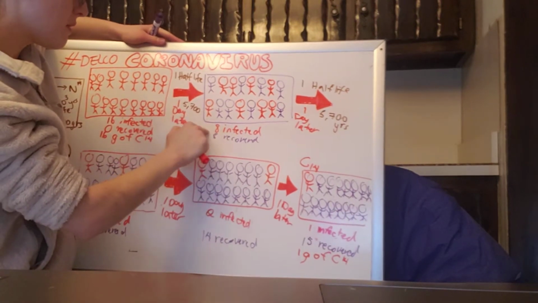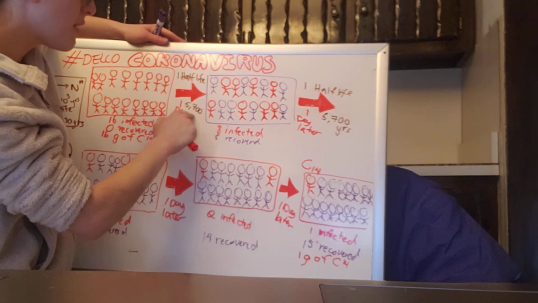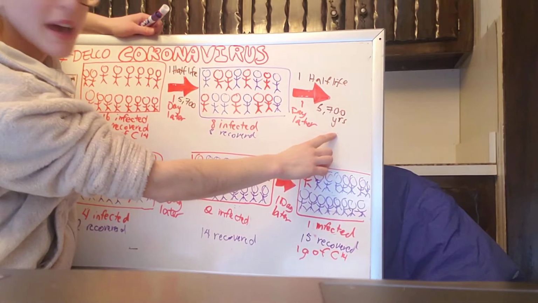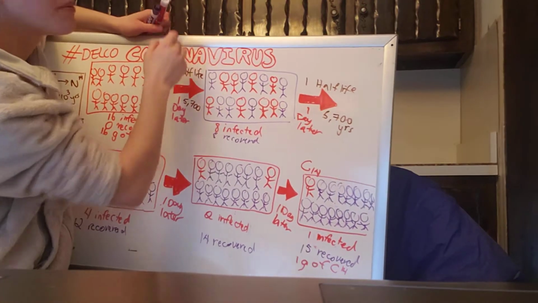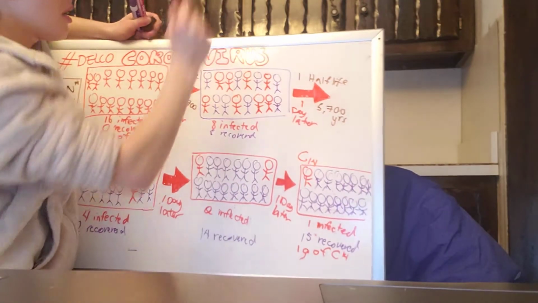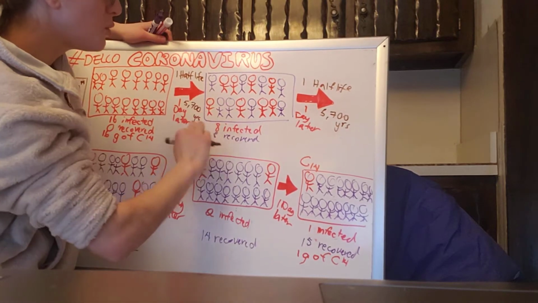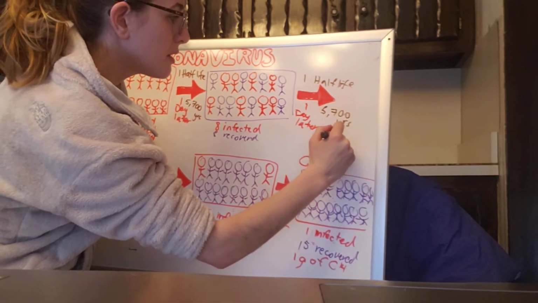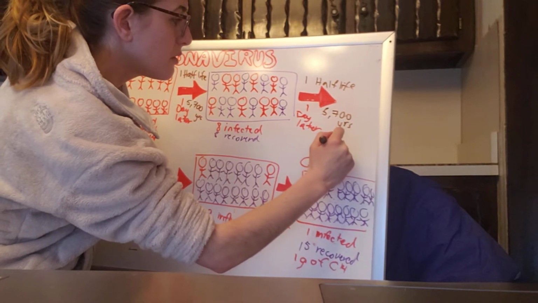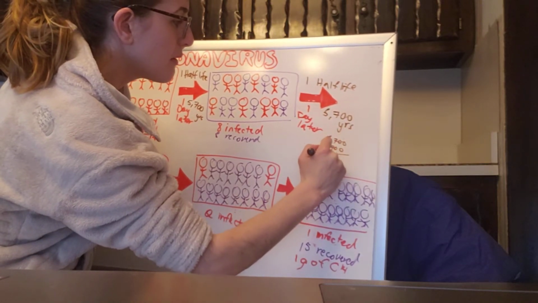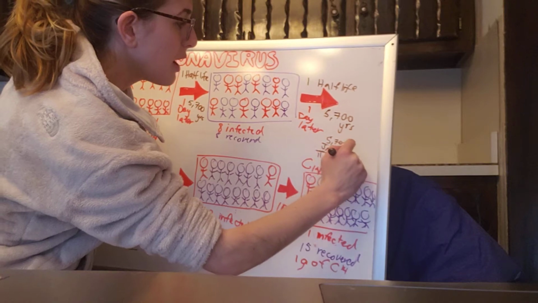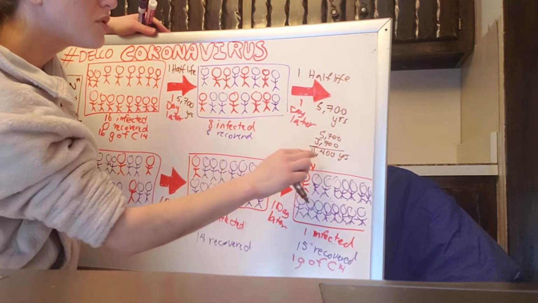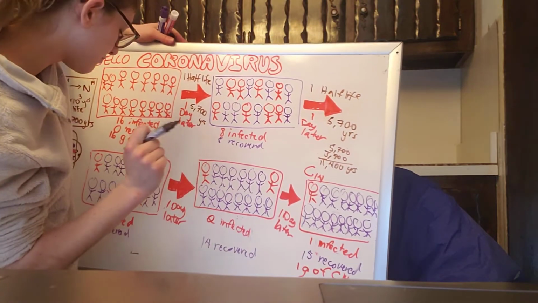Over here, 1 half-life took 5,700 years. Another half-life took 5,700 years. So 2 half-lives took, let's add them together, 5,700 plus 5,700, and I'm going to get 11,400. So 2 half-lives to go from 16 grams of carbon-14 to 8 grams took 11,400 years.